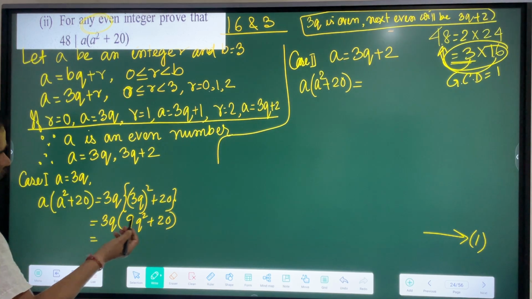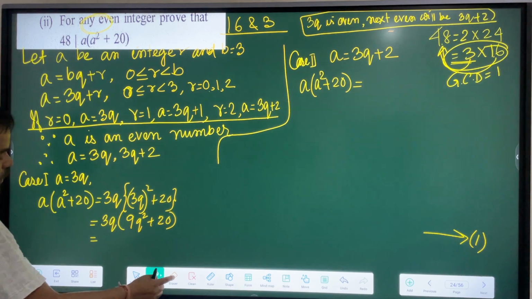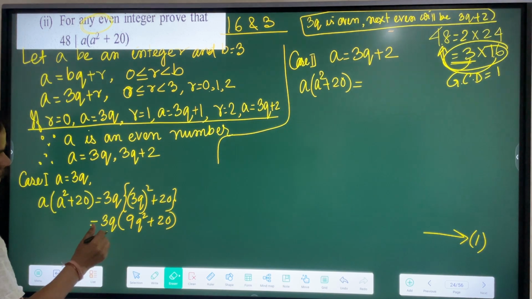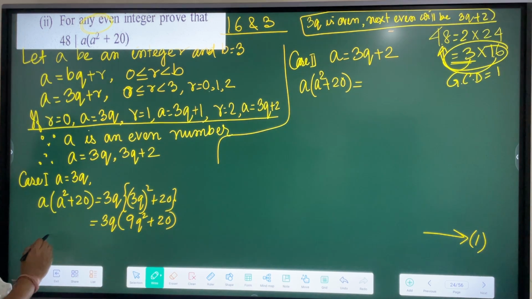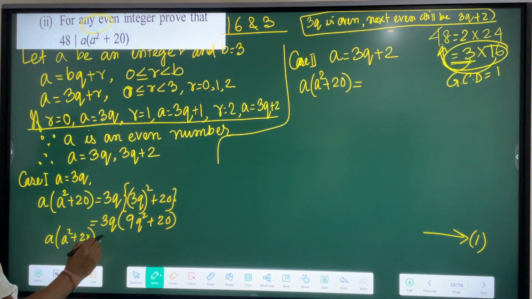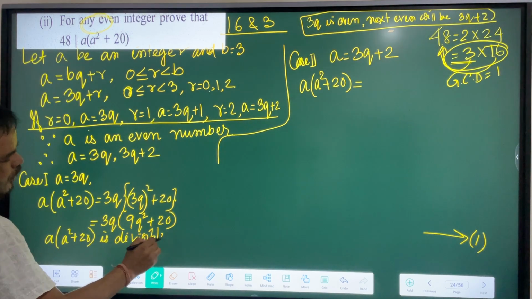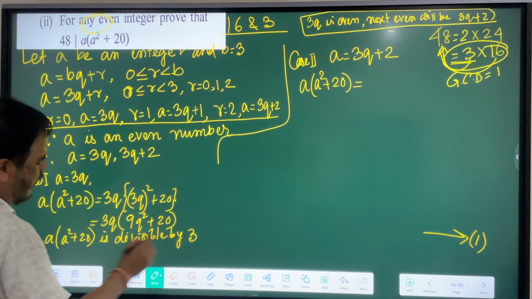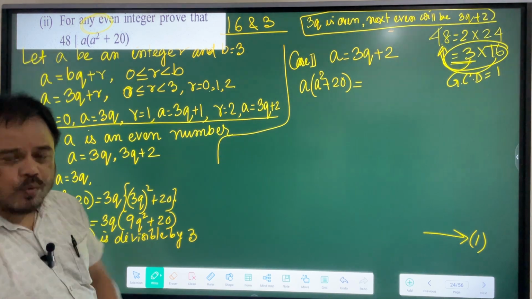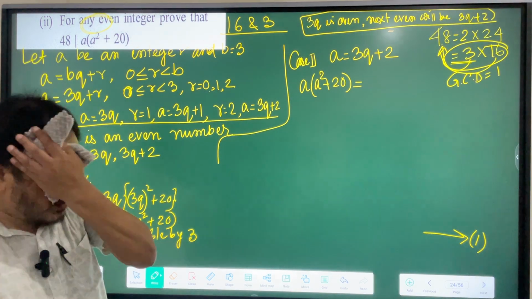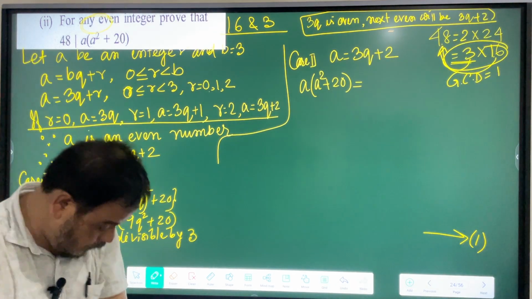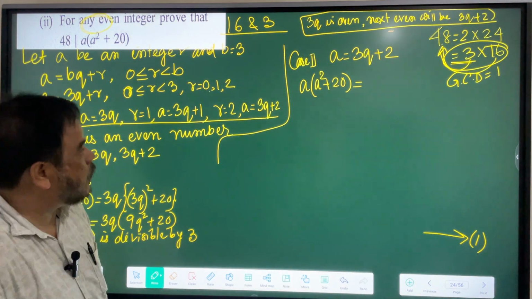So 3 into something we have got here. So no problem. So a(a² + 20) is divisible by 3. I hope you understand. 3 into anything, we don't have to worry what is there with the 3. 3 into anything, we can show that it is divisible by 3.